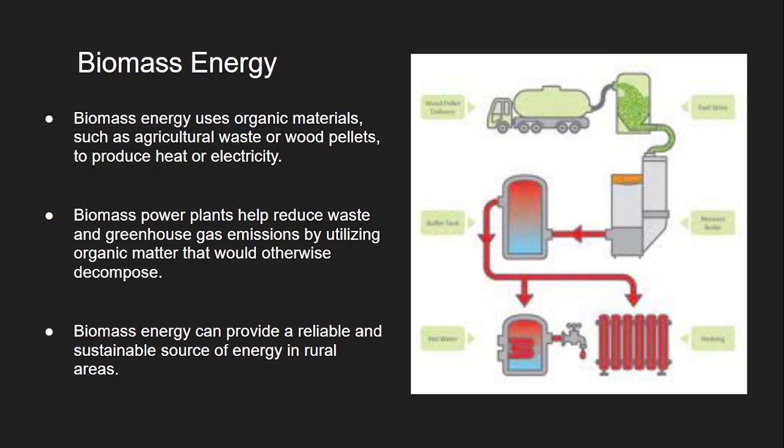And then the burning of biomass itself creates energy, again utilizing both heat and energy for power. Because of this, biomass energy can provide a reliable and sustainable source of energy in rural areas. Biomass can be made from any organic material that can be burned without overly noxious gases that can still be processed. In rural areas, this would be like clippings of any kind or waste feed for animals.